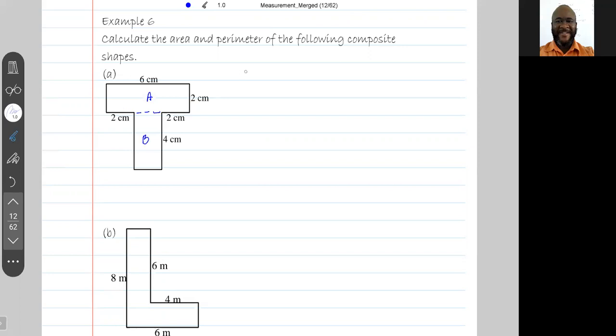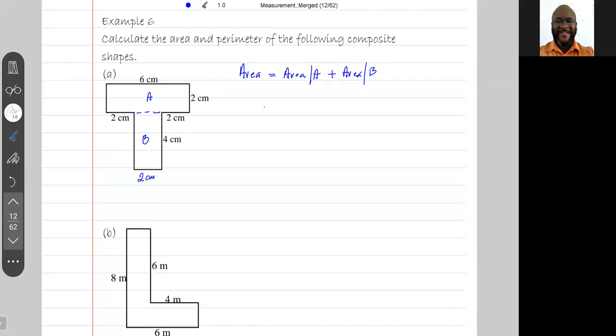Now the total area, the area of the composite shape, would be the area of A plus the area of B. Now for A, the length is 6 and the width is 2. For B, the length is 4 and the width is 2.